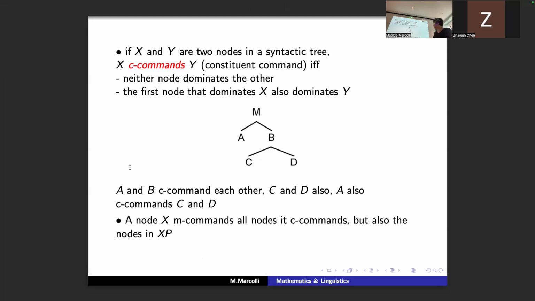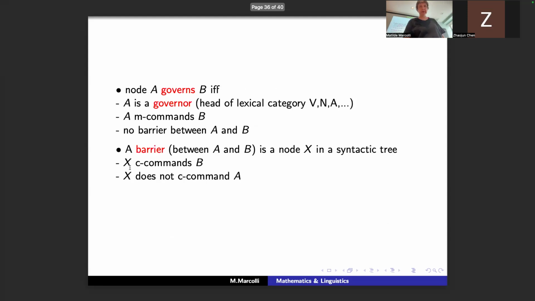So this is the case here. And these two are both in the C-command relation with each other, and this, for example, is in the C-command relation with these two, but not vice versa. So one of them is slightly stronger than the other condition, but these are the two main structural dependencies that were modeled in this.